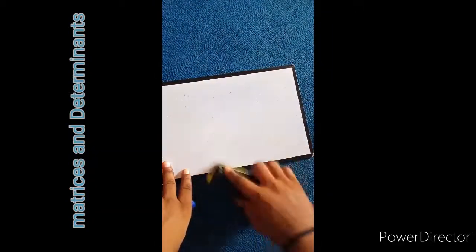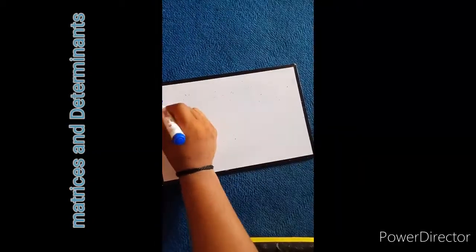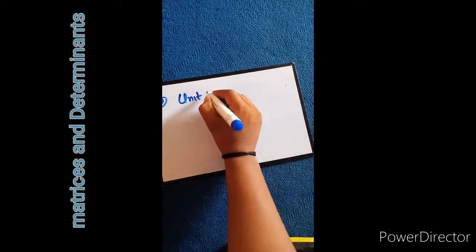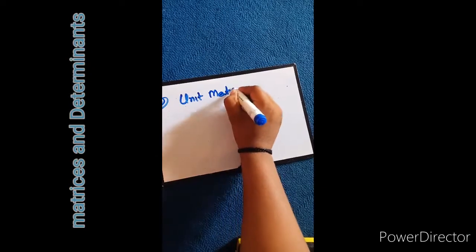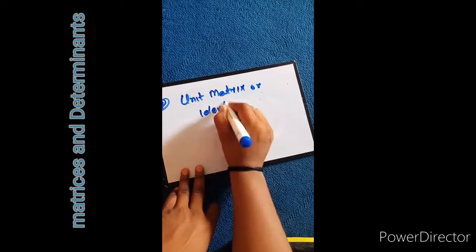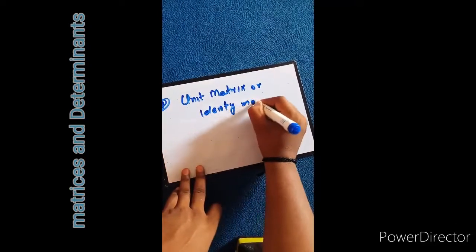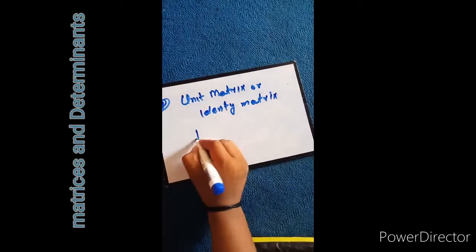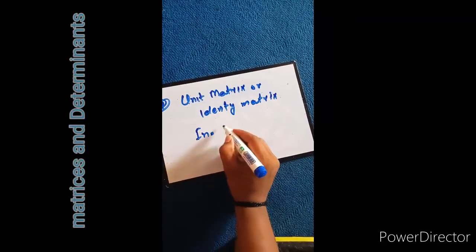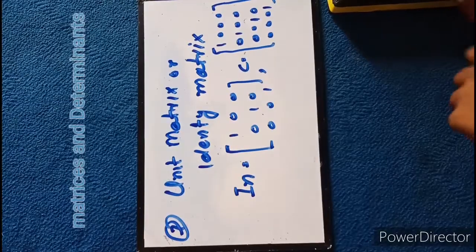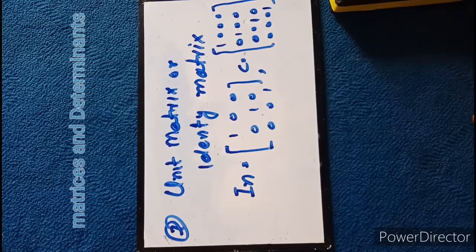The seventh one is the unit matrix or identity matrix. So how can we define a unit matrix? I represents the identity matrix.